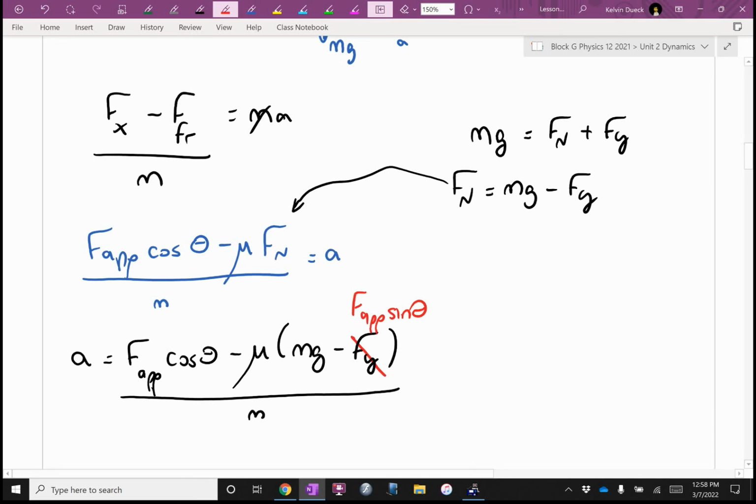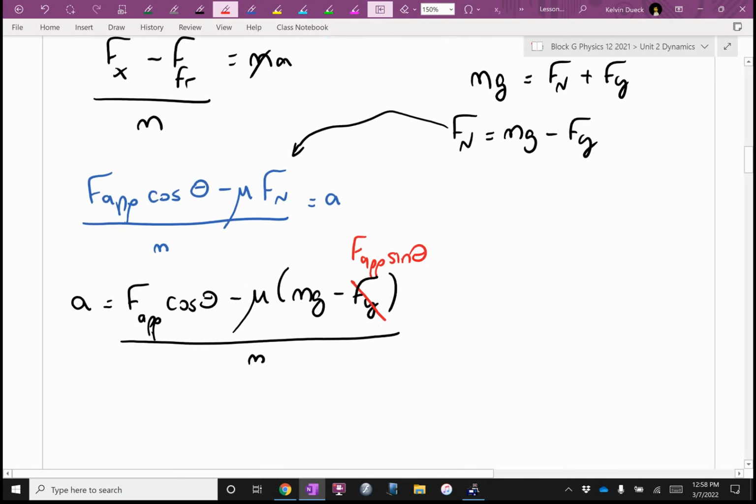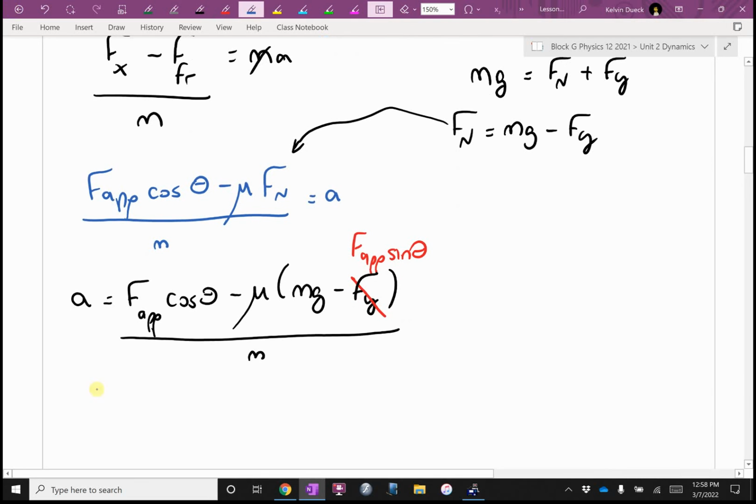I don't think I would go running off to my calculator without writing out the numbers. What was F applied? Was it 18? Cos, what was theta? 21 minus, what's mu? I don't know what's mu. What's mu? 0.23 in brackets m times 9.8.